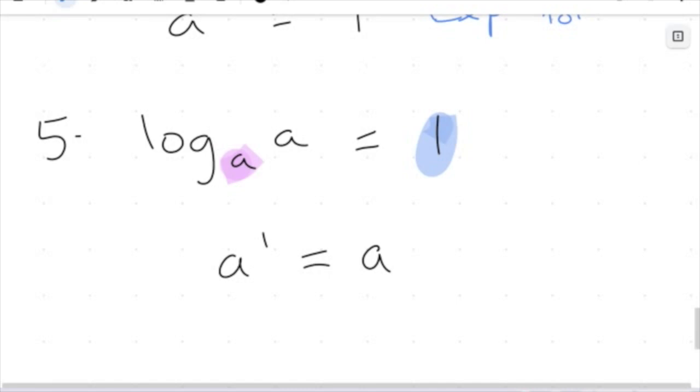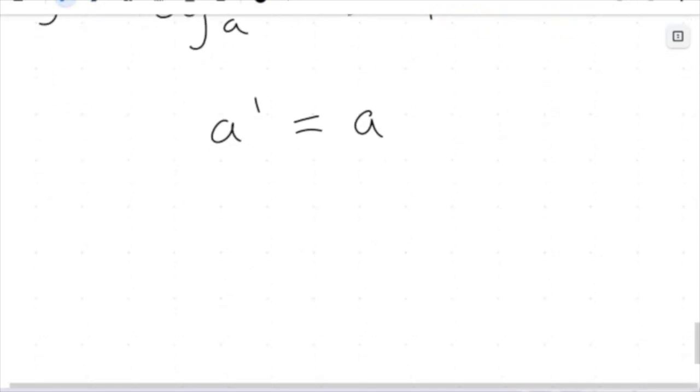Anytime I raise a number to the power of 1, it just gives me back that number. So anytime we have log to the base a, we have some base and the same number, if these two are the same, it's always going to give me 1.